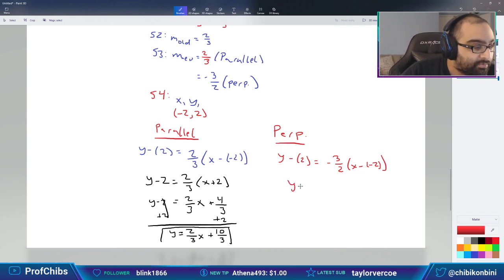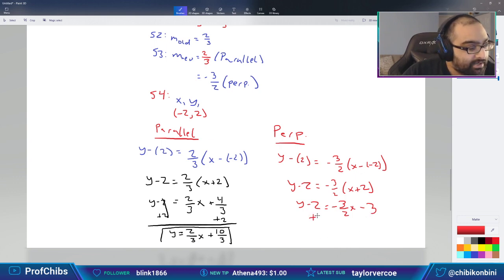So again, we'll play a little bit of cleanup. Here we have -3/2. Again, just change that sign over, x plus 2. So we get y minus 2 here is equal to -3/2 x. And here we have -3/2 times 2, so that'll be -3.